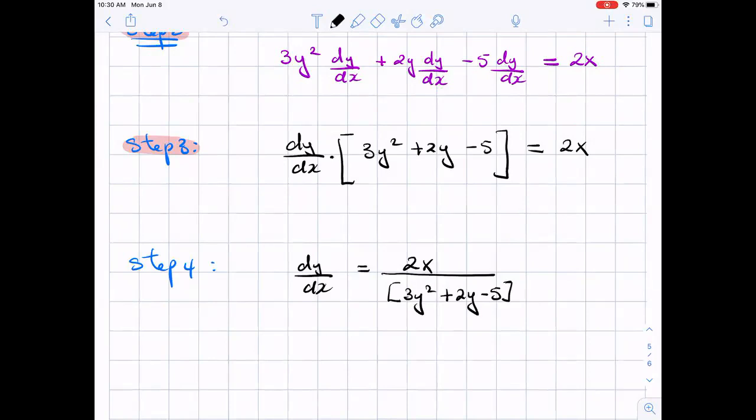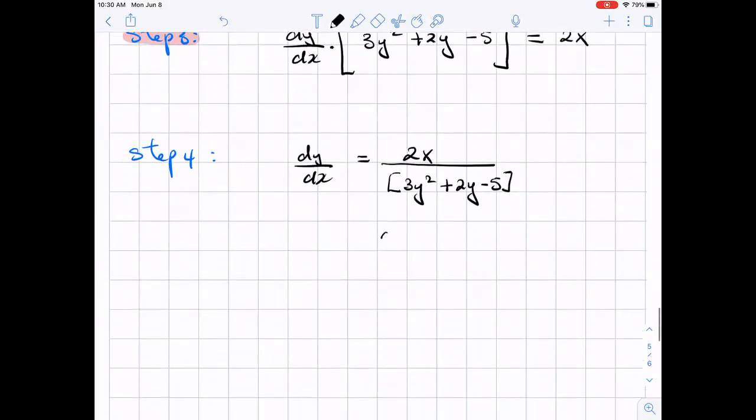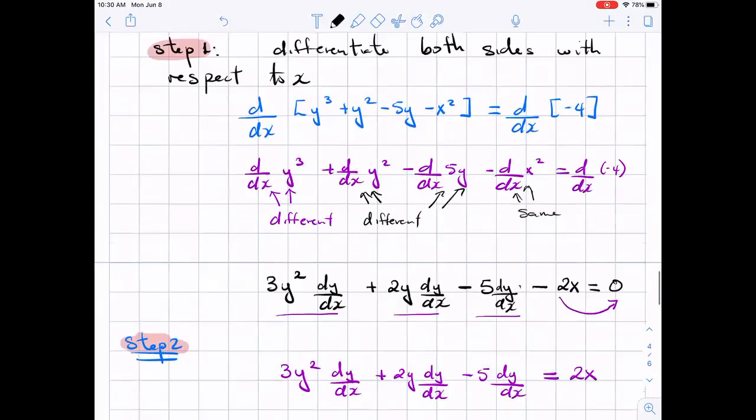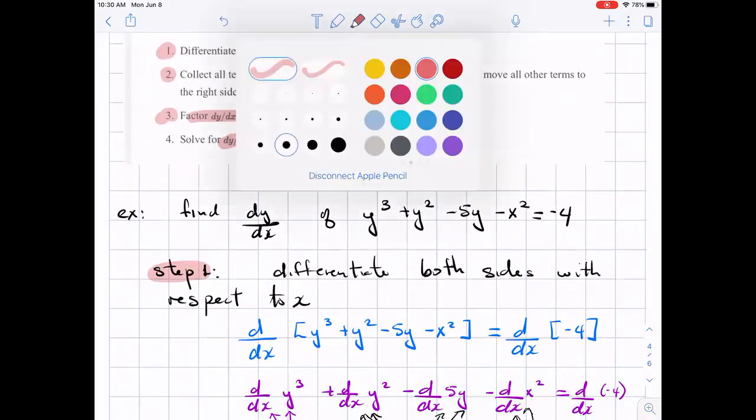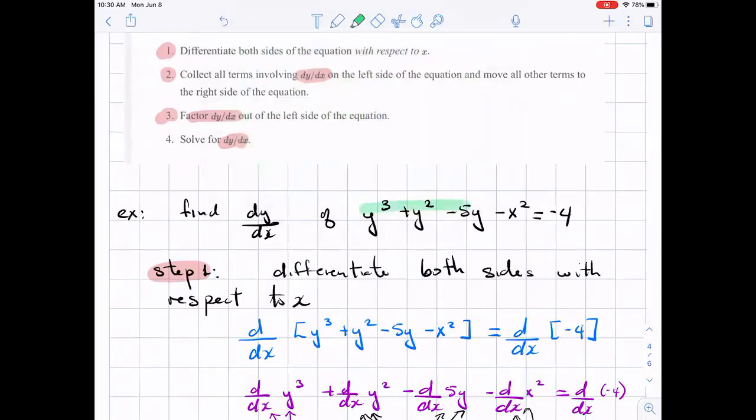And that's our final answer. We don't need to write it with the parentheses. So dy dx is equal to 2x over 3y squared plus 2y minus 5. And that's the derivative of an implicit function, because this function here given was implicit, right?